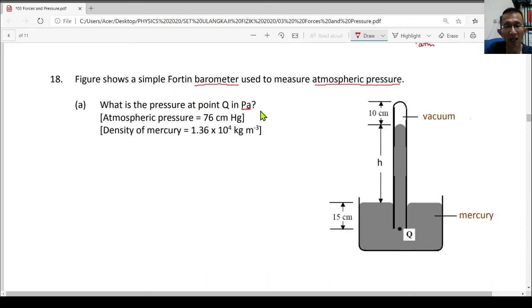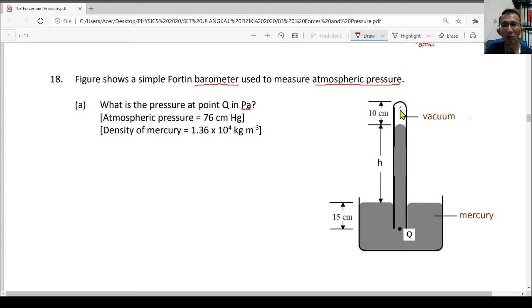You are given the atmospheric pressure is 76 centimeter mercury, and the density of the mercury is 1.36 times 10 to the power 4 kilogram per cubic meter. Here I have a vacuum, 10 centimeter of vacuum.